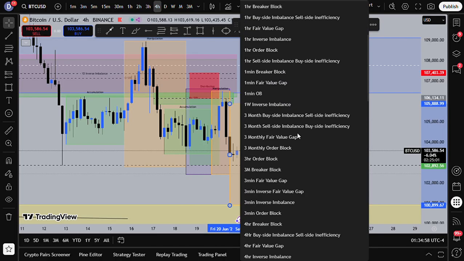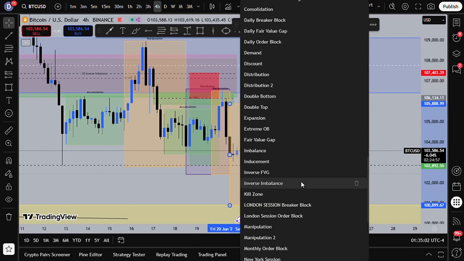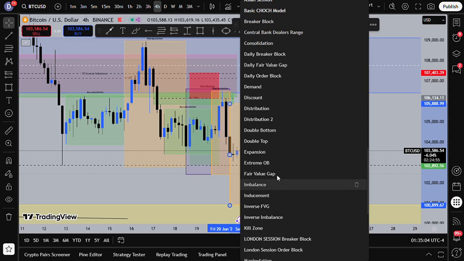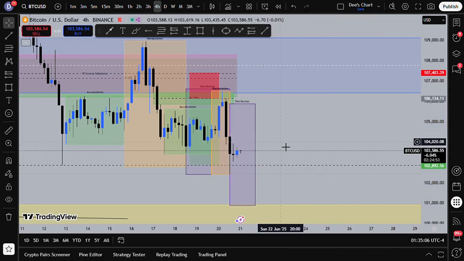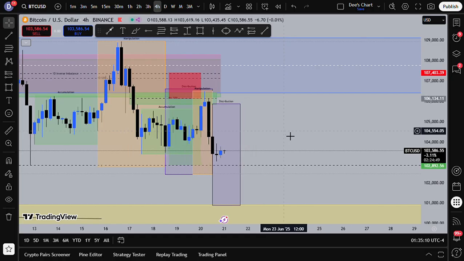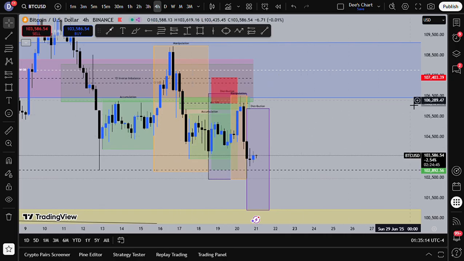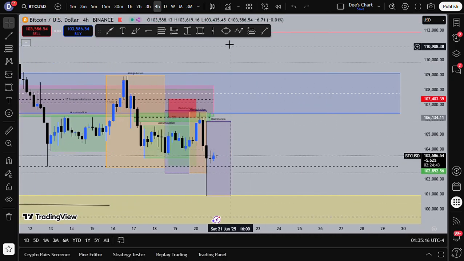So that's my entry for the week coming, even this weekend, because we do have another play on AMD. So as you can see, my entry will be inside of this balance price range.